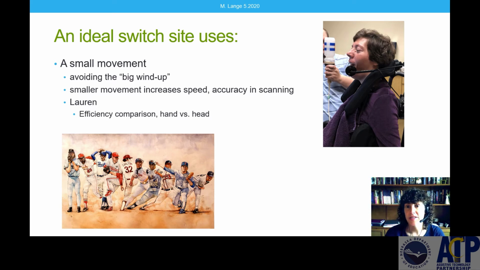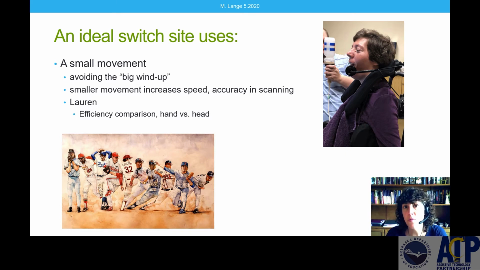The problem is that's a really big movement, and we certainly see clients who do this. It takes a long time. That slows down a scan. It takes a lot of effort, so the client may fatigue sooner. It also takes their eyes off the task. Now they're looking to the side instead of forward.